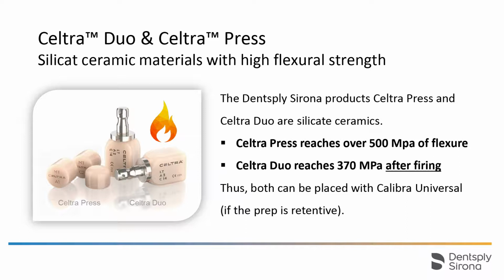For example, the products Celtra Duo and Celtra Press from Dentsply Sirona. Celtra Duo has a flexural strength of 370 megapascals after glaze firing, indicated by the flame symbol. The pressable ceramic Celtra Press over 500 MPa. Small FPDs can even be fabricated using Celtra Press.